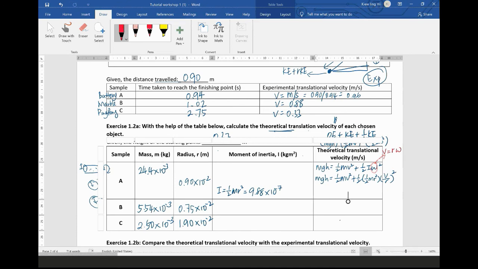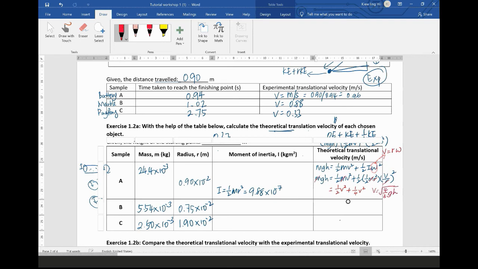Cancel off the m and cancel off the r. So you get half v squared plus 1 over 4 v squared. Okay, so your v is equal to the square root of 4 over 3 times g times h.